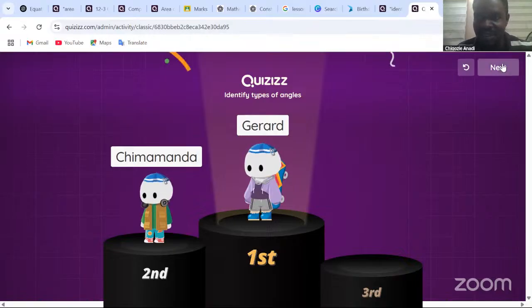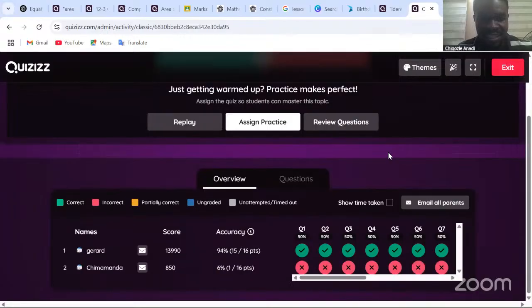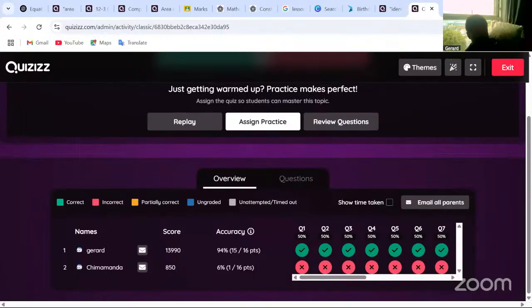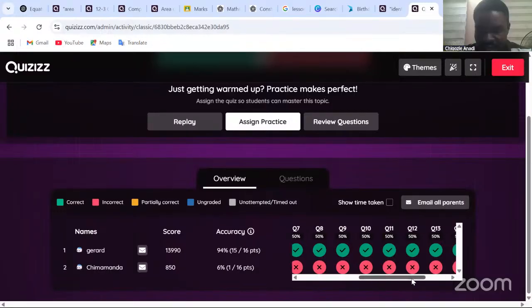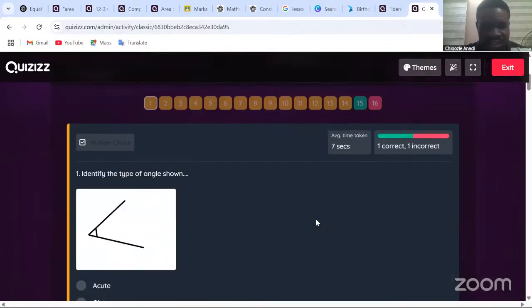So if we're to review the questions we did, there are some questions that were failed, if you can see here. Let's just look at the correction fast and let's go to what we have today. Let's go to the correction. Look at my screen.